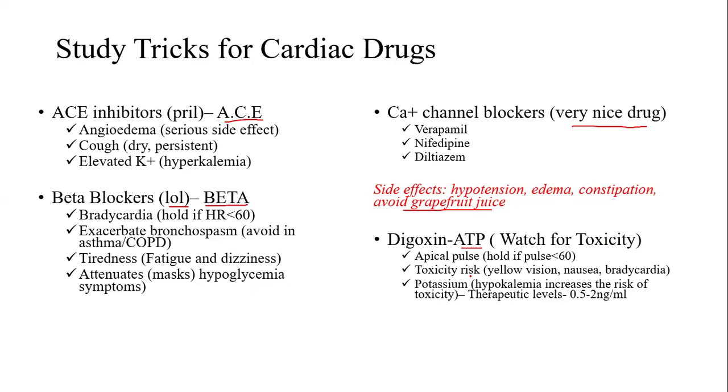Its therapeutic levels range between 0.5 to 2 nanograms per ml. Okay, so P is for potassium. We need to be very careful about potassium for patients who are taking digoxin. Hypokalemia increases the risk of toxicity, so we need to monitor the potassium levels.